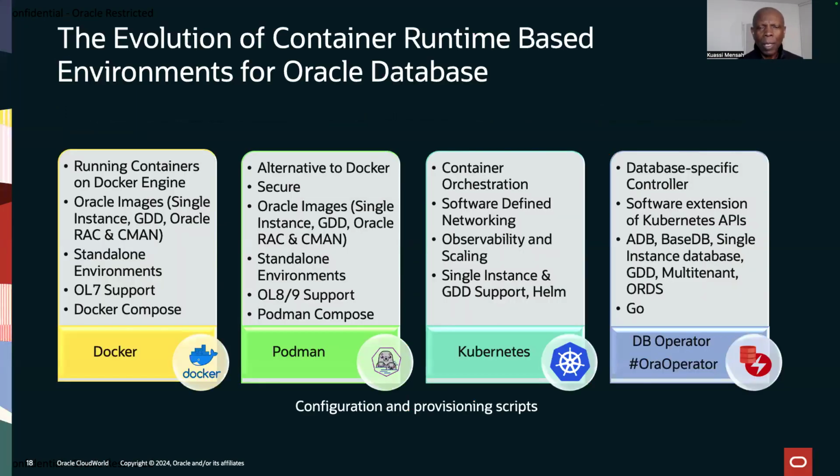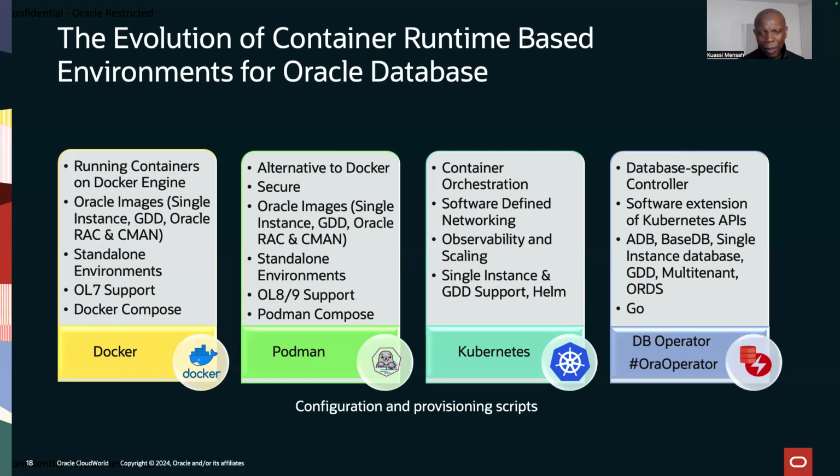So the evolution here is that we started with Docker. Everybody knows that we have a Docker containerized engine. So you can get the Docker image and you can deploy on Docker. And then we moved to Podman because Podman is safer. There is no root daemon, for example. Anyway, it's more modern and most people are moving from Docker to Podman.